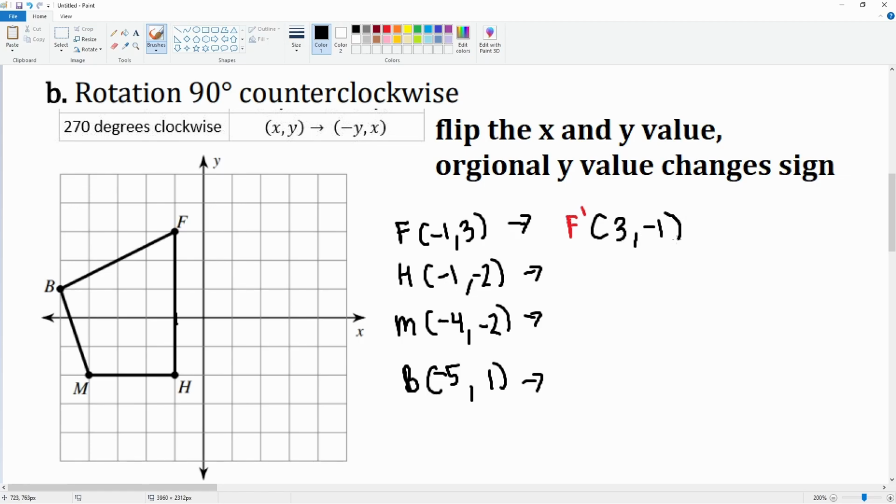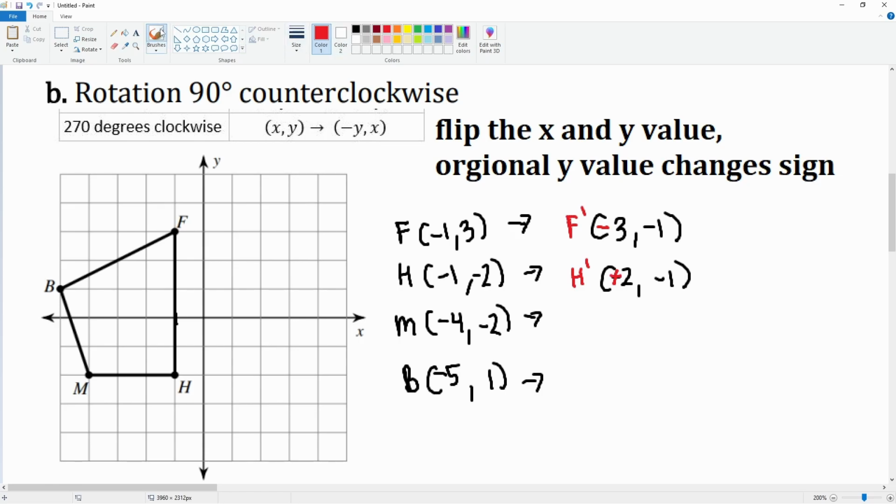So 3, -1, and the original y, which was your 3, becomes a negative now. Okay. Next, we have the H prime. Okay, we flip-flop, so this is -2, comma -1. And now the original y changes sign. So this was a -2, becomes a +2.